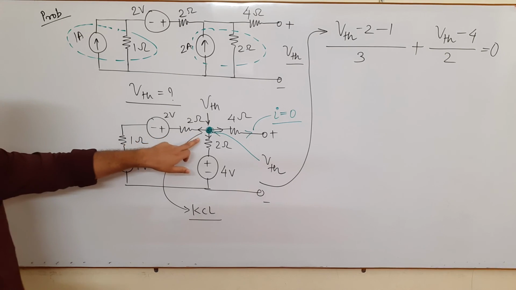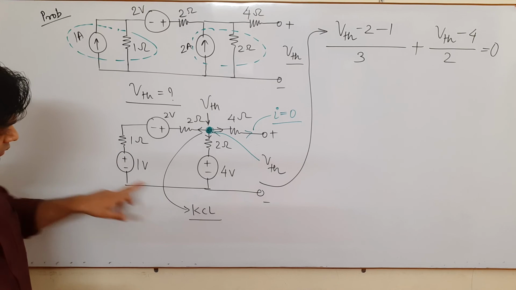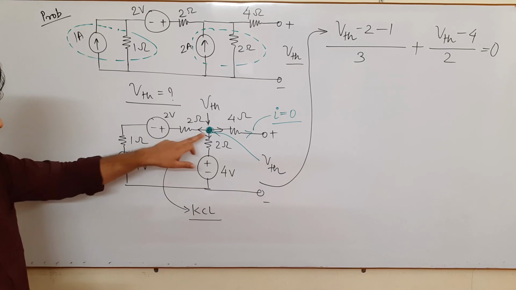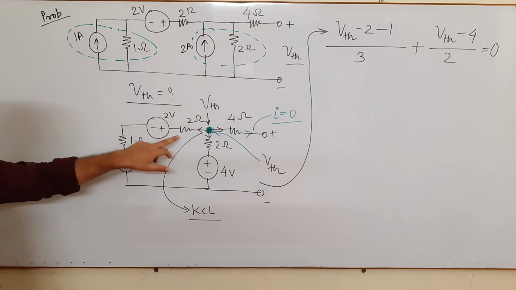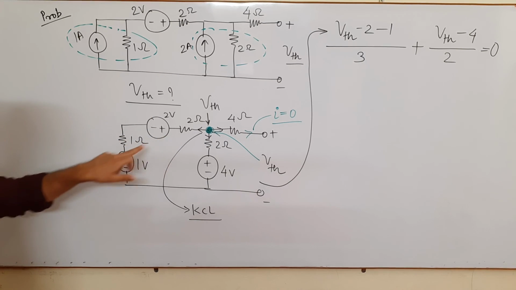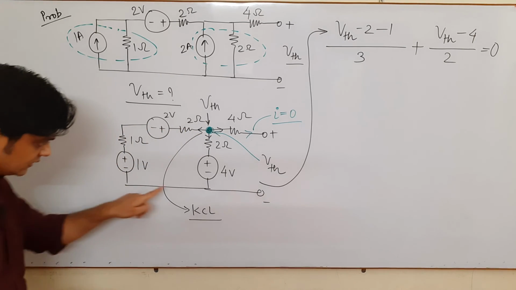Once again, VTH minus 2 minus 1, with ground terminal, is the total voltage divided by the resistance 2 plus 1, that is 3, which is the current flowing in this branch.